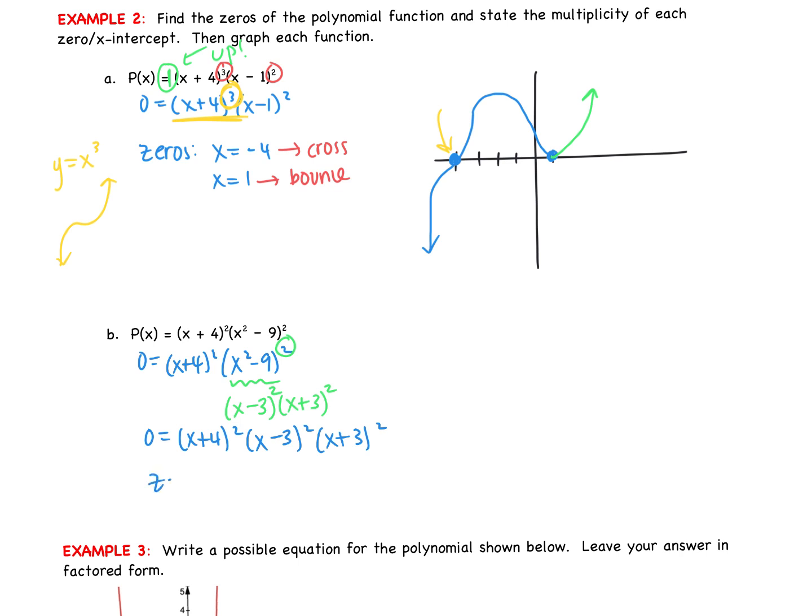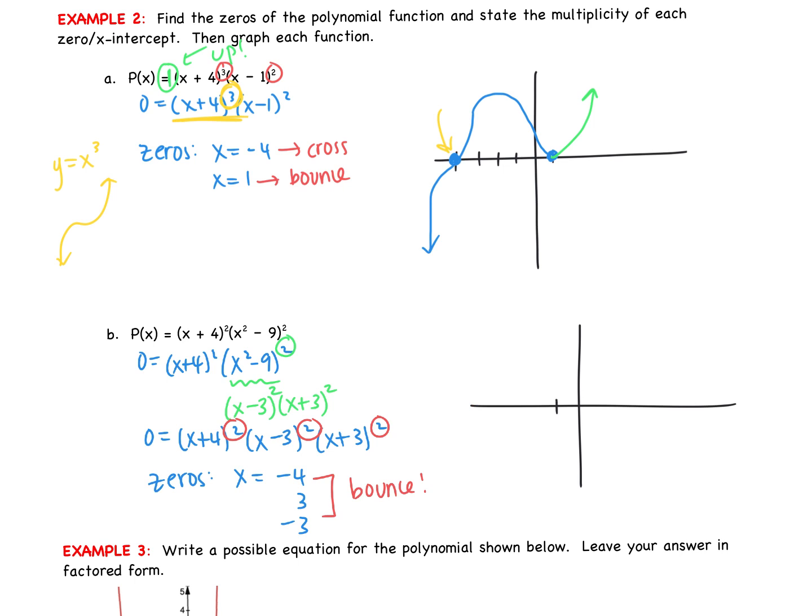So then our zeros are at -4, 3, and -3. Behavior-wise, we have even power, even power, even power. All of them are going to bounce. So that's what we're going to graph. We have -3 and -4, and then +3.